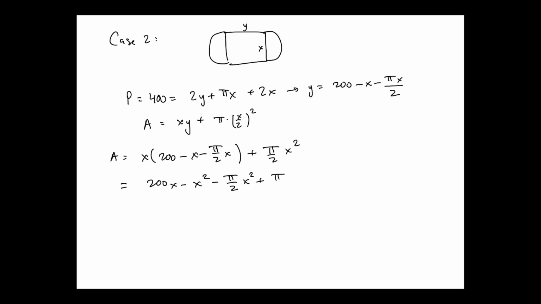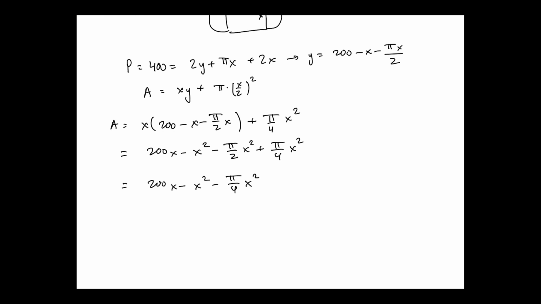Sorry, that should be over 4 here, like it was before. Combine those terms. This is minus pi over 4 x squared. So we just have the new term.